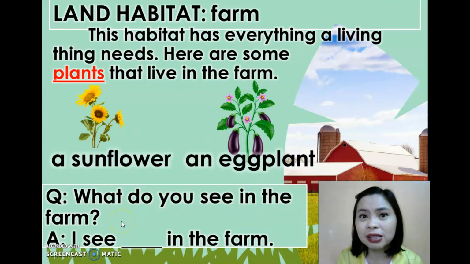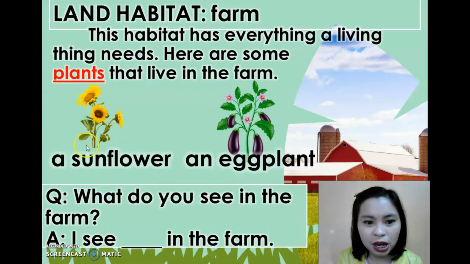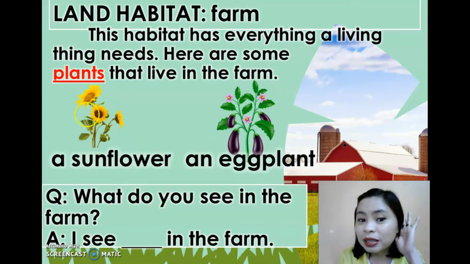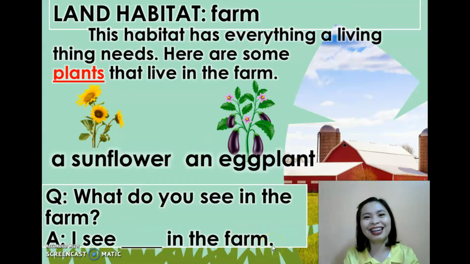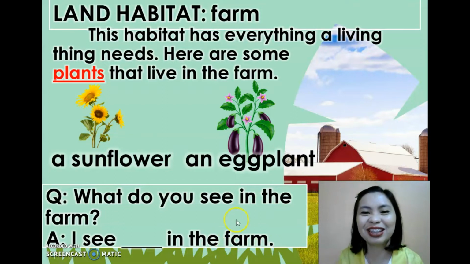Or what plants do you see in the farm? For example, this one, a sunflower. What do you see in the farm? Good job. Okay, and next let's move on to another habitat.